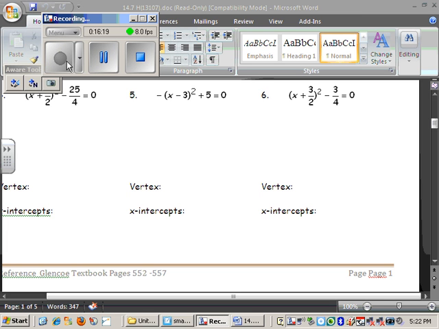Number 6 is also a fraction problem, and I'm going to have you do this one on your own so that you can practice. You can go ahead and pause the video after I give the directions, do your work, and then start the video again to check your work against mine. One of the things I do want to point out is that sometimes we have irrational answers, and when we have an irrational answer, we need to be careful not to break that up into two different problems.